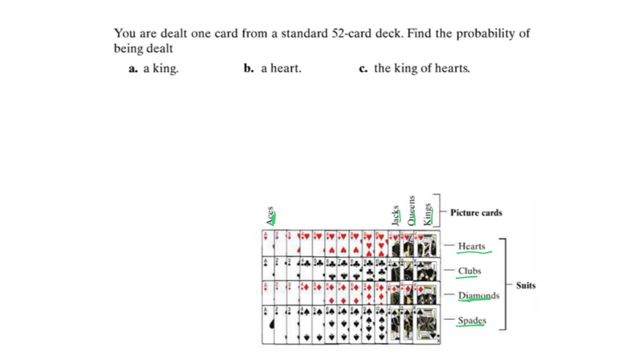If we want to get the probability of selecting a king, remember we're looking at the total number of possible outcomes for just picking a king. So the first part we're going to take a look at is what is the number of kings we have. Number of kings divided by the total number of cards.